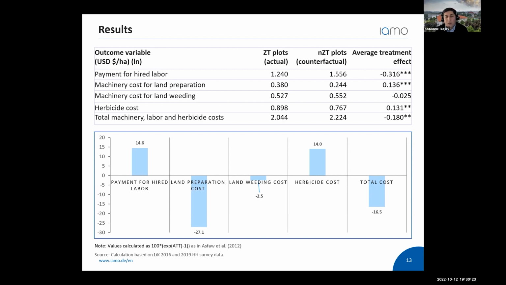In the questionnaire households were asked how much in som, in Kyrgyzstan, they pay for hired labor. So we use this variable in our case, but we don't consider other labor costs.